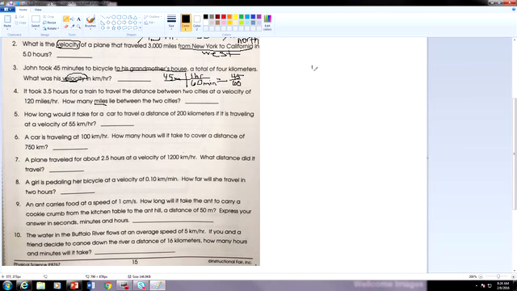So if v equals d over t, then we can switch this around to get our answers. And I've shown you this in class before. That's this triangle. You put a triangle with a capital T in the middle of it, and this will help you switch this around.